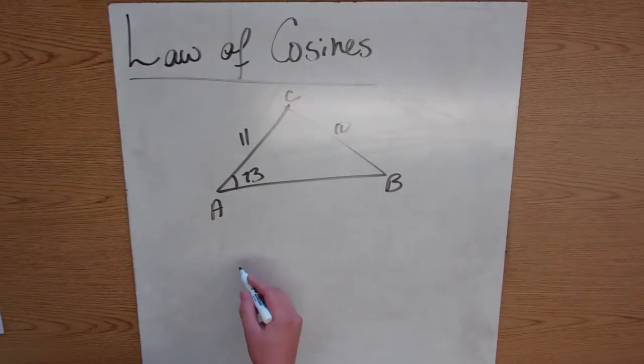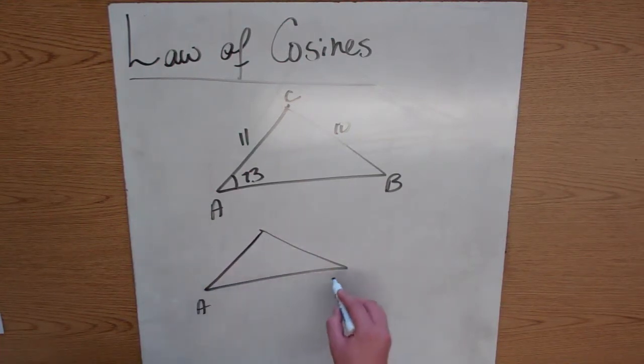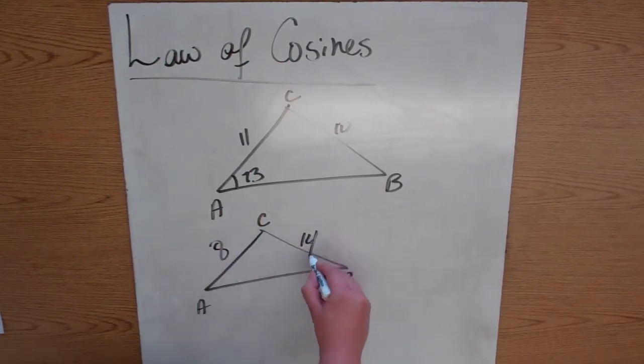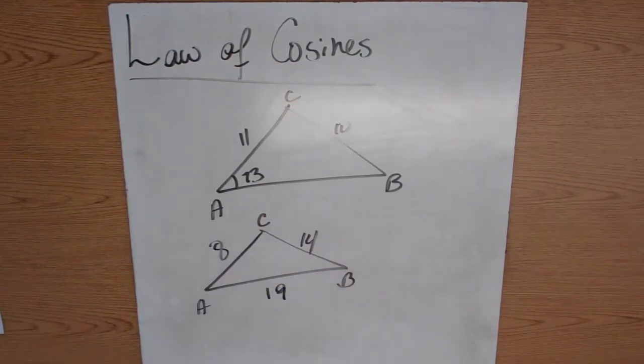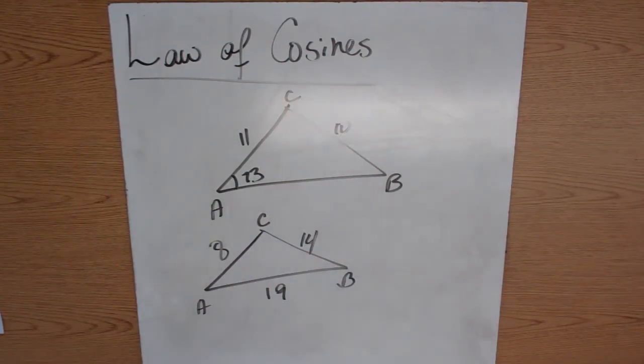But what happens when you have, say, here we have A, B, and C, but we have 8, 14, and 19, so we have no angles? This is where the law of cosines comes into play, because we have no angles.